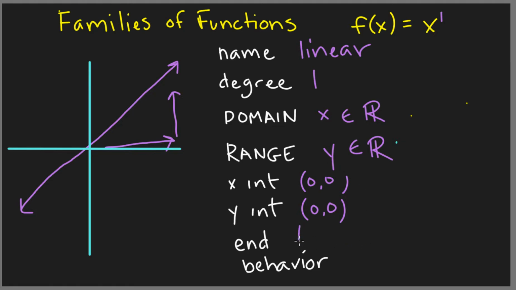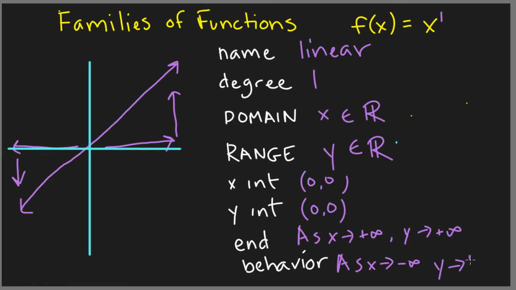So as x approaches positive infinity, y is going to approach positive infinity. As we go the other direction, towards negative infinity, you notice your y value is going down. So that means as x approaches negative infinity, y is also going to approach negative infinity.